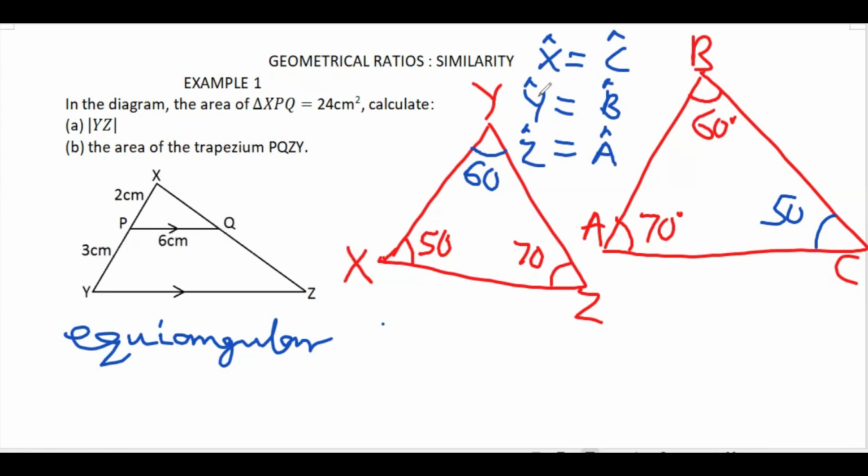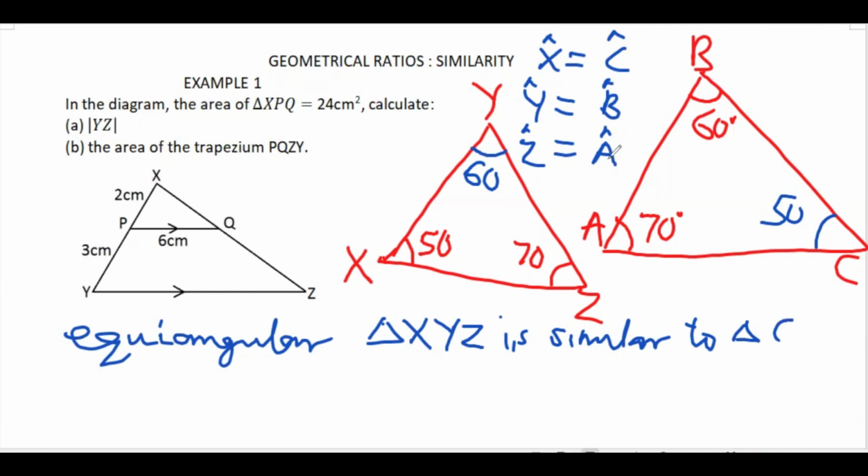So we can use this lettering in the order X, Y, Z. We can now say triangle XYZ is similar to triangle, and the way you arrange these letters, just follow that arrangement, so you say triangle CBA. That means triangle XYZ is similar to triangle CBA.